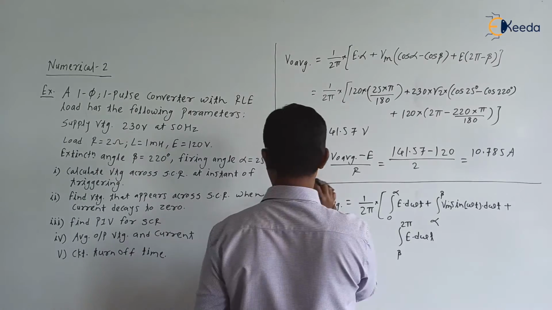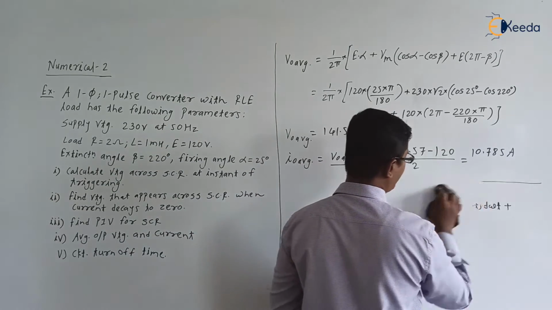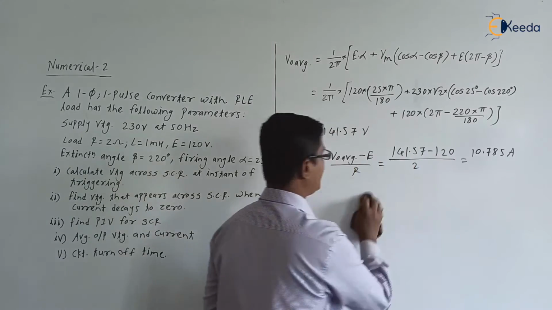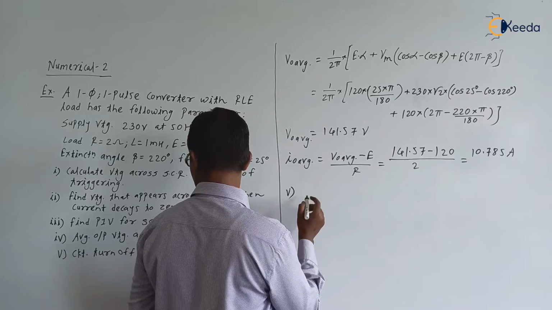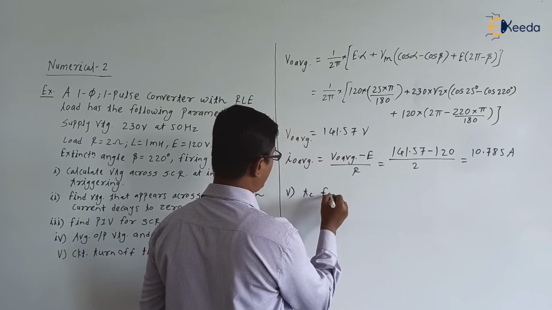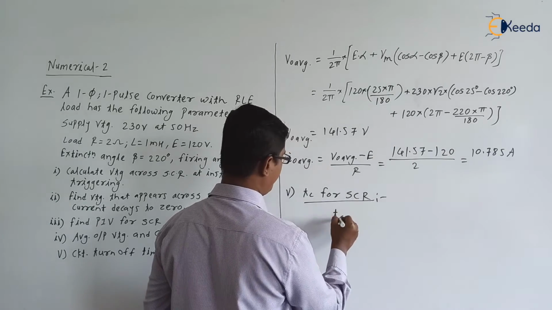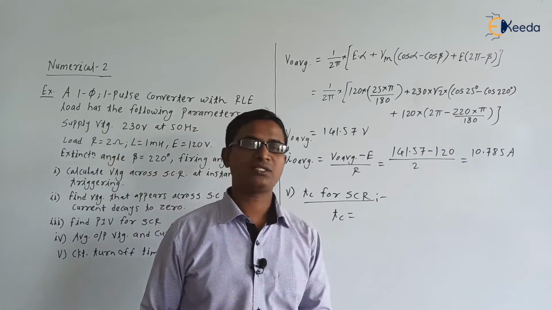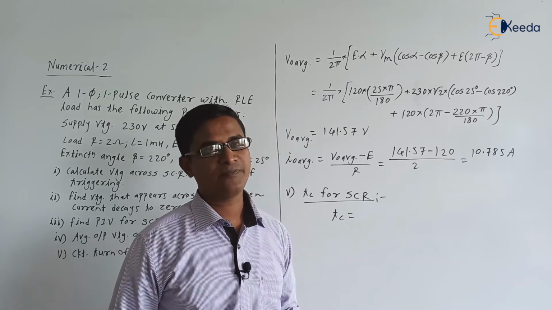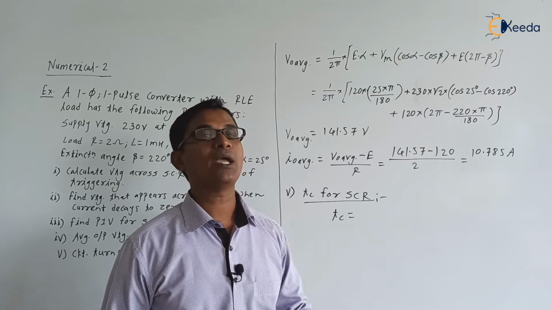Next, last bit, the circuit turn off time, TC for SCR, or TC for thyristor. So last bit, fifth, TC for SCR. What is the expression of TC? If you check, current flowing through the SCR becomes 0 at omega t equal to beta, and after that the reverse voltage will be maintained till 2 pi plus theta.